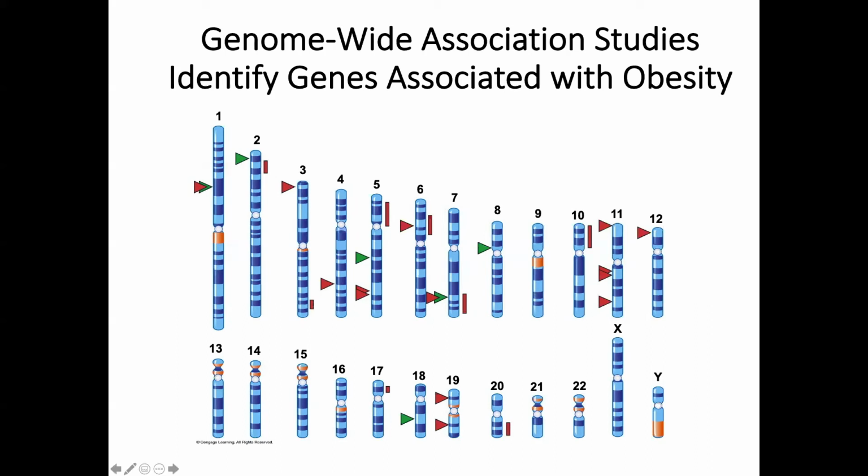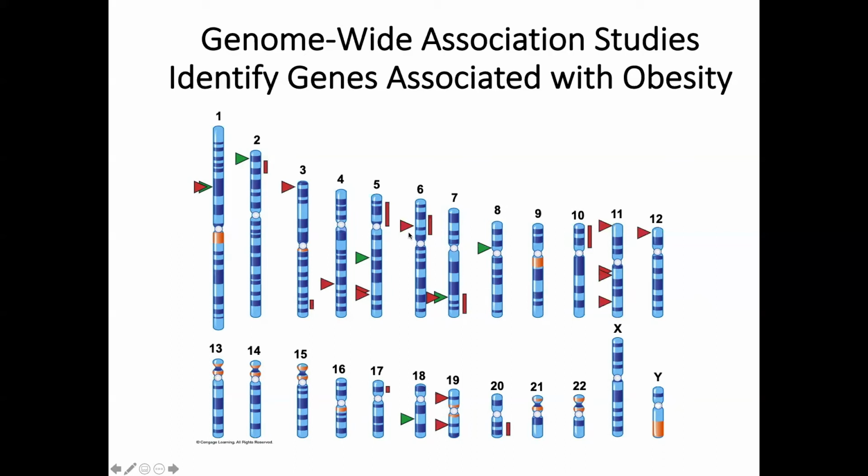The green triangles shown here represent single genes in which obesity is the main phenotype with little environmental influence. The red triangles shown here, there are actually more, represent genes that are candidates for obesity genes.